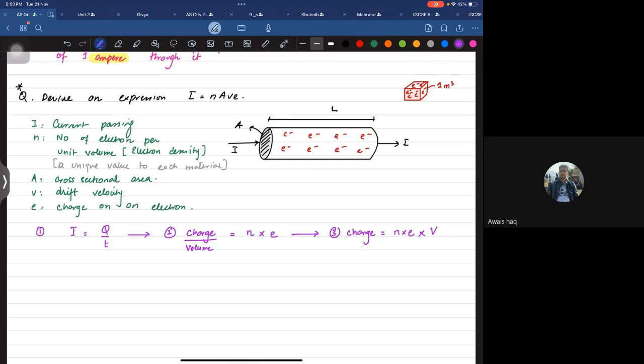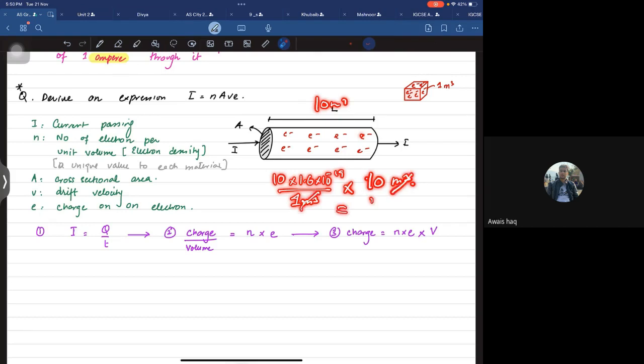I get the total charge in the wire. So let's suppose I have 10 electrons, and I multiplied their charge together in 1 meter cube. If I have a wire of 10 meter cube, I multiply 10 meter cube with this, and I'm going to get the total charge that this wire contains. Is that clear, everyone?